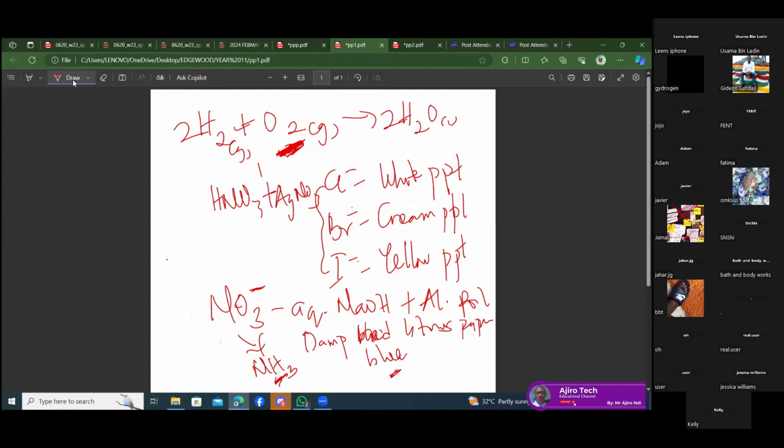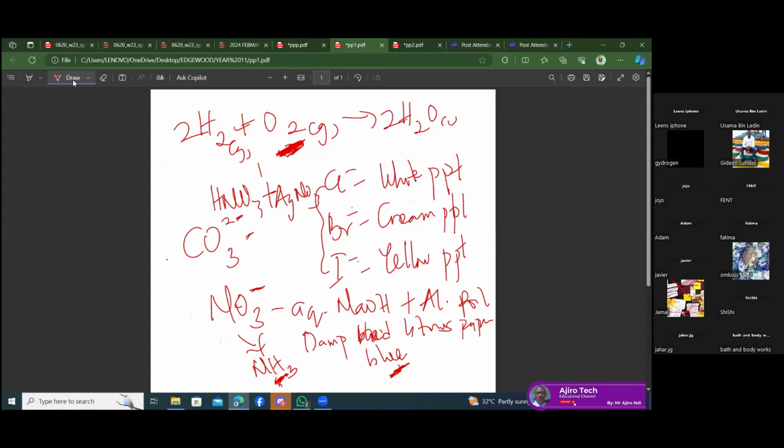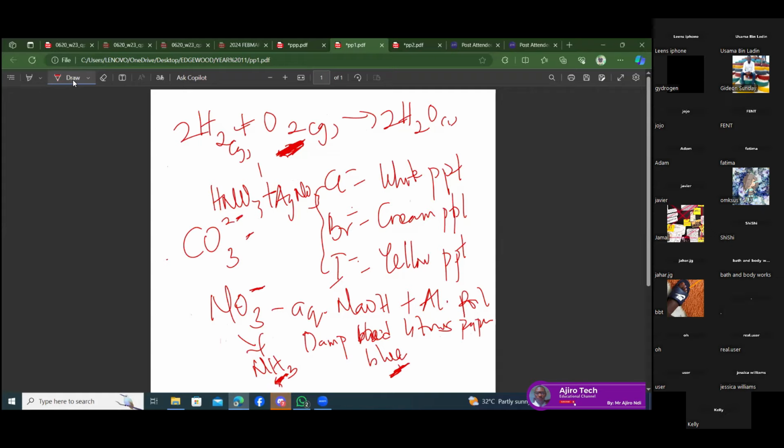When you're testing for nitrate ion, you produce ammonia, and this is what you need to do to test for it. If you are testing for a carbonate, all you need to do is add acid. When you add an acid, you simply form carbon dioxide gas, which turns lime water milky.